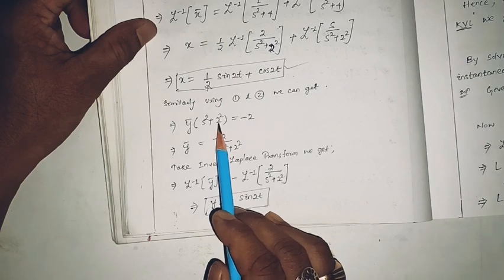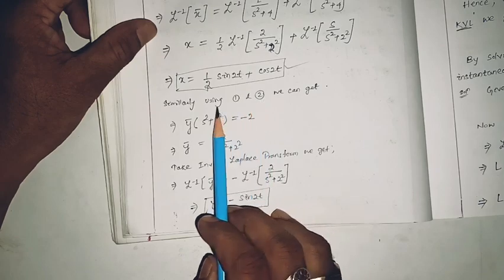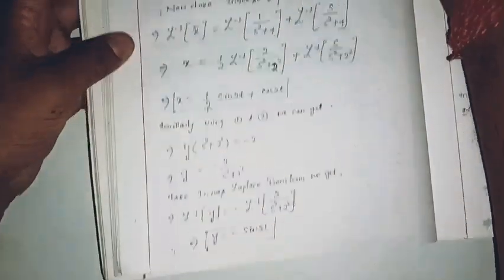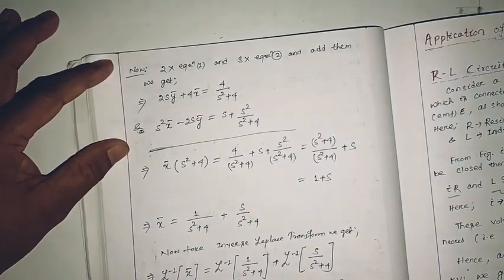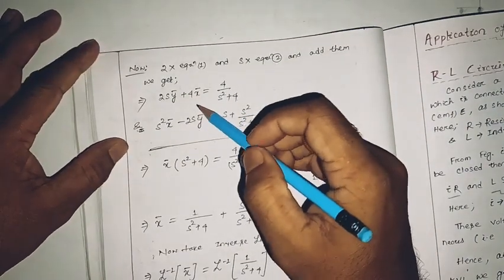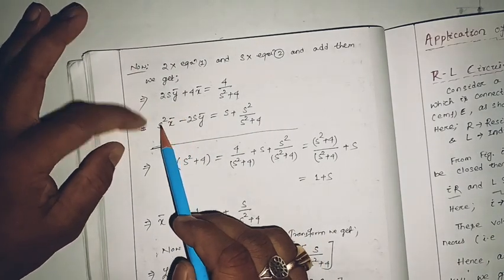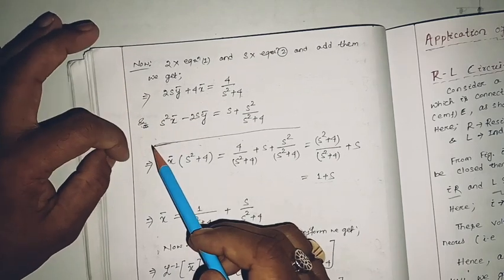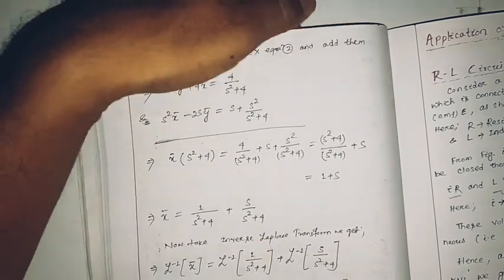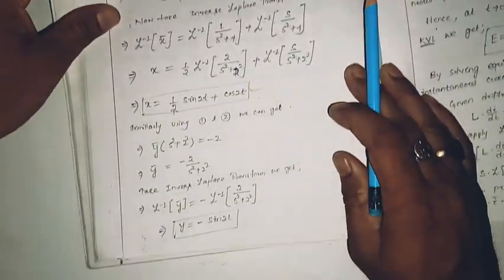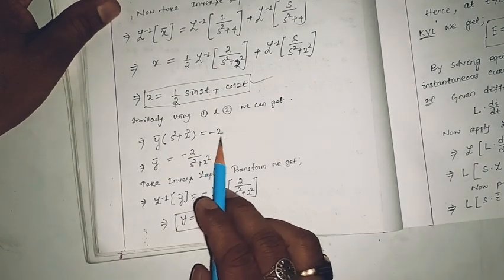That means we just have to alter the operation we did here: there 2 multiplied with equation number 1, s multiplied with equation number 2 and added, but I just altered that, s multiplied with equation number 1 and 2 multiplied with equation number 2 and subtracted. Then we can find y bar into s square plus 2 square equal to minus 2.